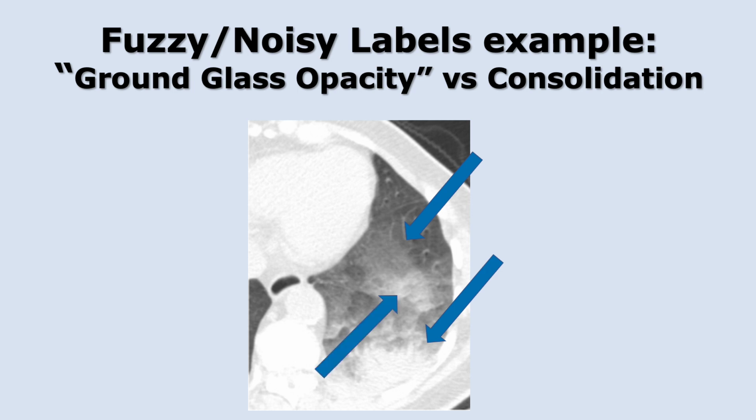But what about this? Well, it turns out that some radiologists call that ground glass, some call it consolidation. So what you end up with are these distributions of labels. And there's overlap, and definitely places where some people say this is ground glass, other people say it's consolidation. So the labels have their own distribution, and that can confuse the model.